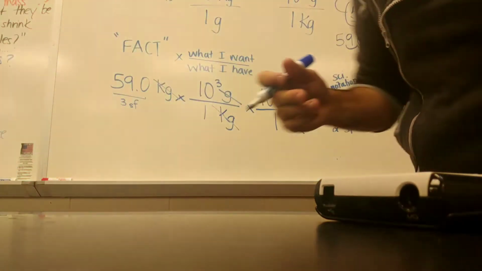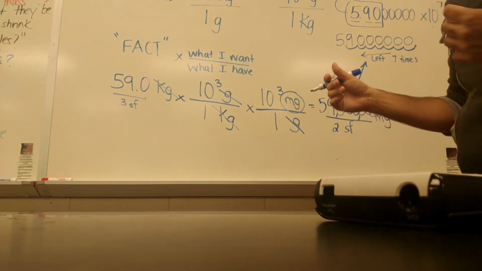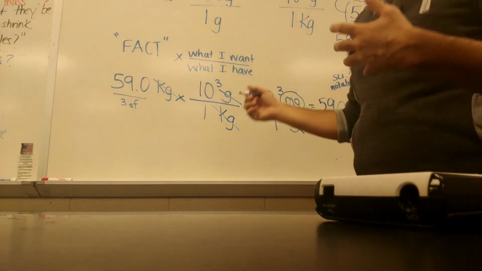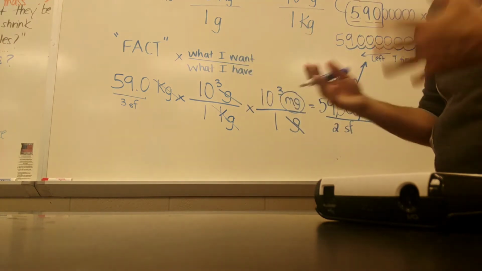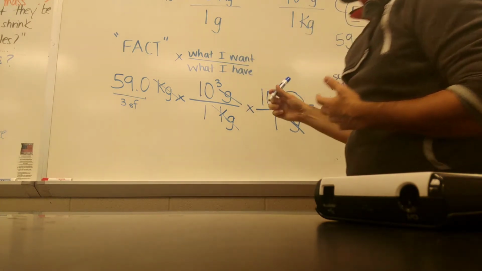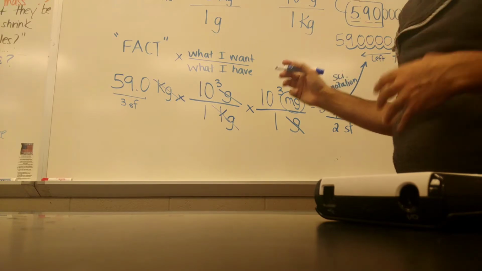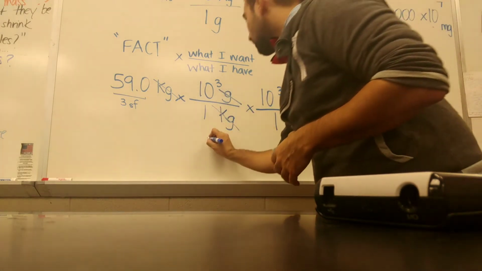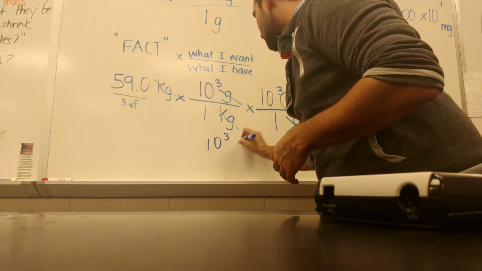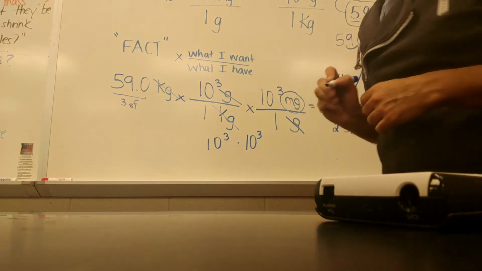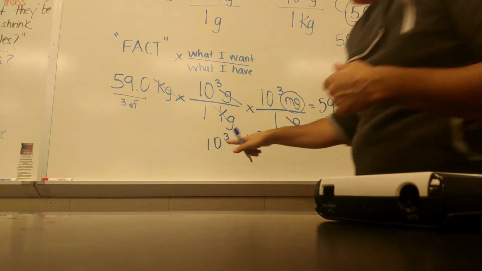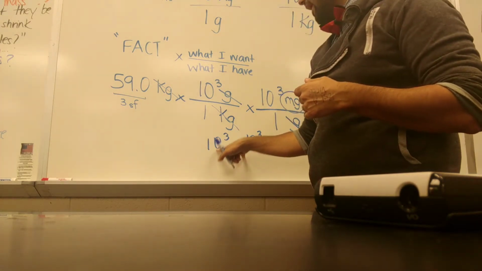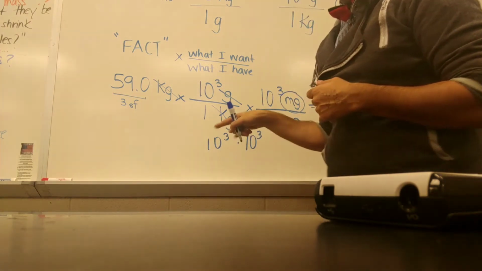Okay? And then one last thing I'll show you is multiplying powers times each other. Some of you were confused about how I could combine this 10 to the 3rd times 10 to the 3rd. Just to remind you, instead of plugging this into a calculator, you could also do 10 to the 3rd times 10 to the 3rd. If I multiply 2 exponents by each other, that means I'm adding them.